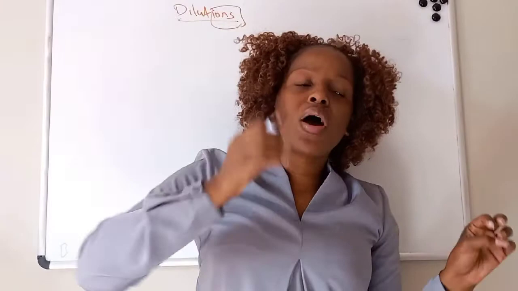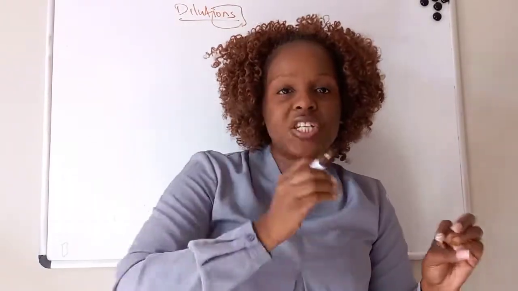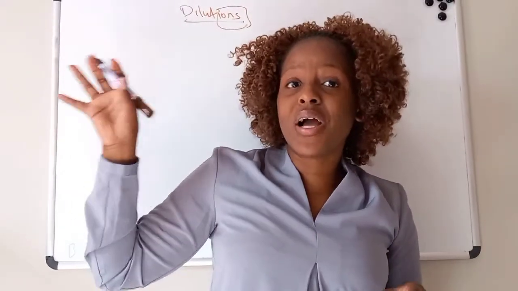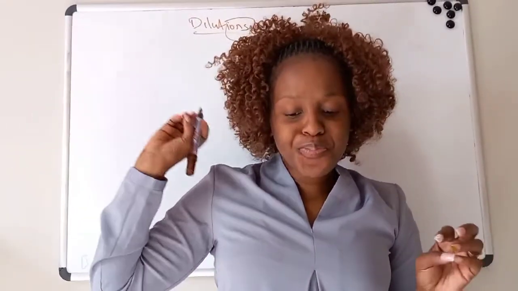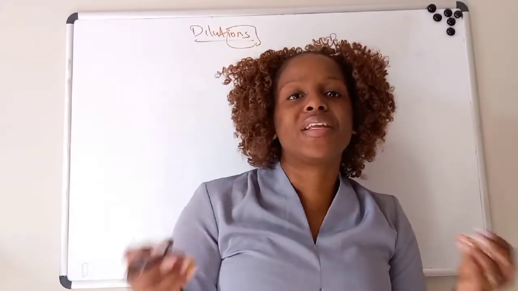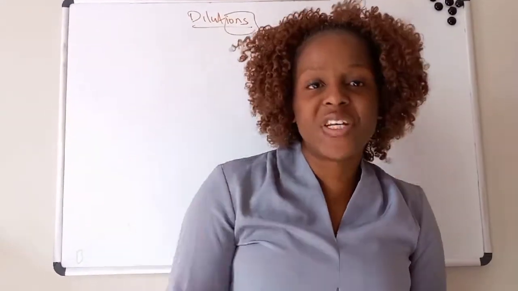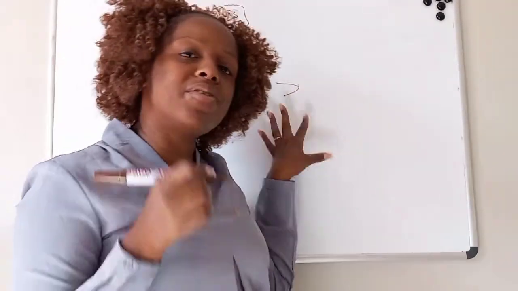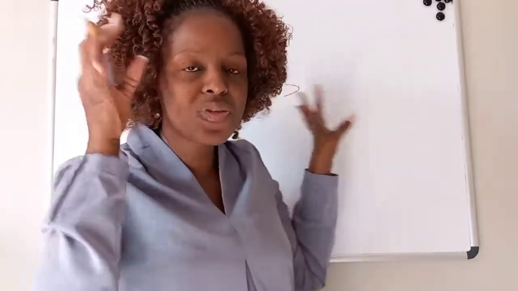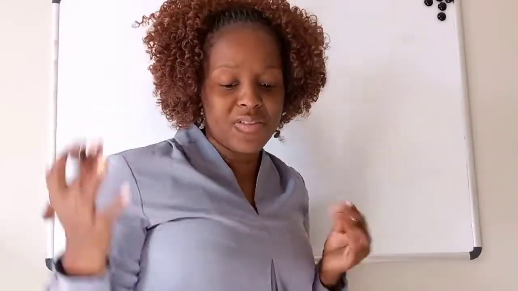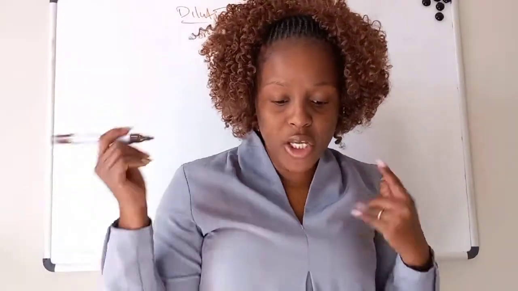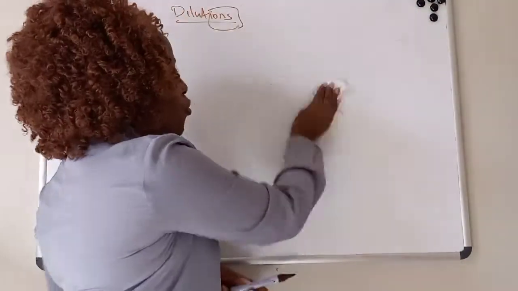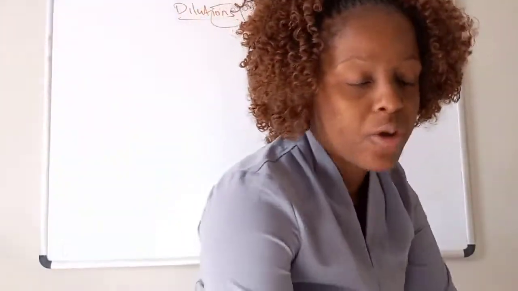So if the analyte concentration in your patient is higher than the highest point of your calibration curve, then you're going to find a result that comes out of your machine with a greater than sign. It means whatever result is in the patient sample, it's above the measuring range, and in this case you will always have to do a dilution so that you can get a correct number.